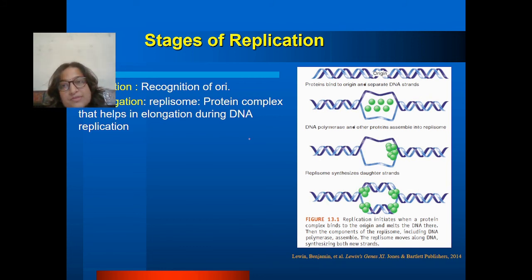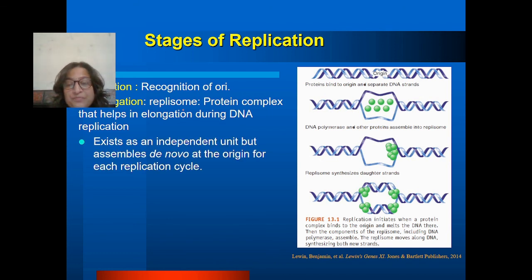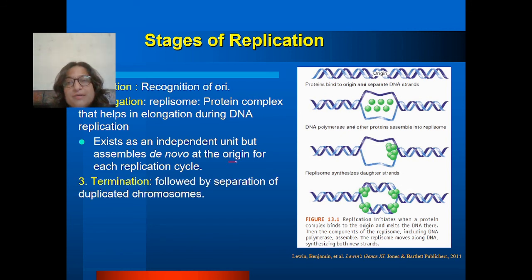During the replication process, a number of enzymes and proteins are involved, and altogether they are termed the replisome. Formation of the replisome is essential for elongation, and it exists as an independent unit but assembles de novo at the origin for each replication cycle. Although all the proteins exist independently, when required during replication they assemble at the origin. And then occurs termination, followed by separation of duplicated chromosomes.